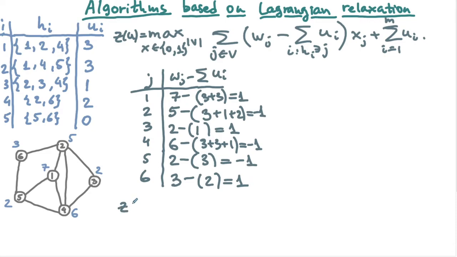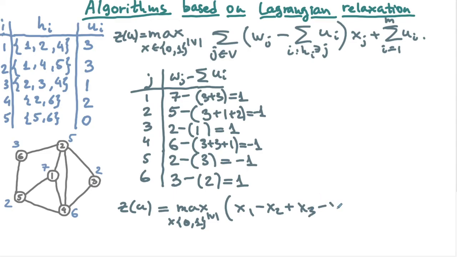So z of u for our u is going to be given by the maximum over x in {0,1}^V of the following sum. We have x1 minus x2 plus x3 minus x4 minus x5 and plus x6.